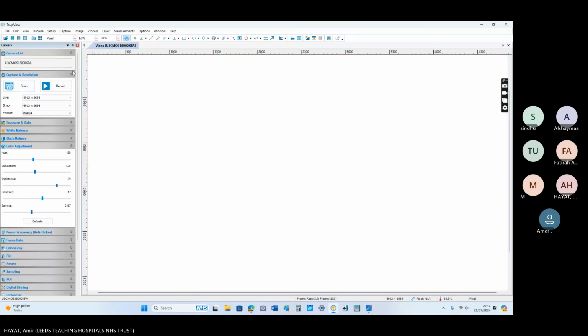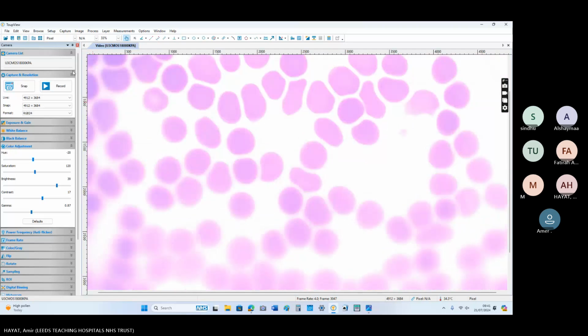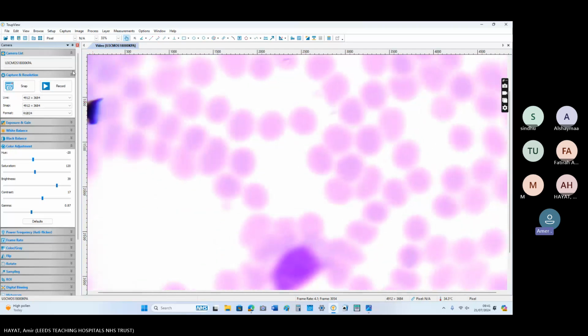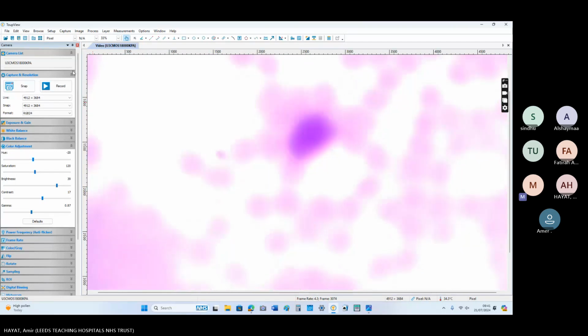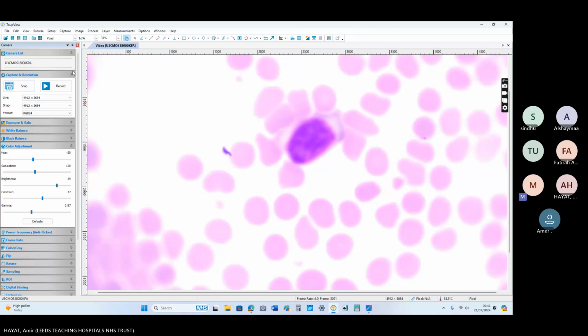But I would suggest flow cytometry. Why flow cytometry? To rule out whether they are reactive or clonal, for the immunophenotyping of these atypical lymphoid cells.